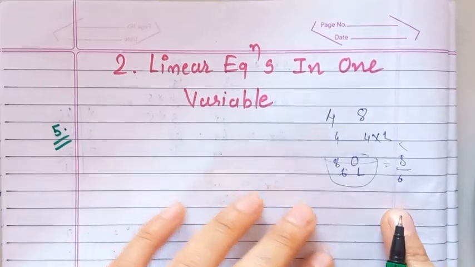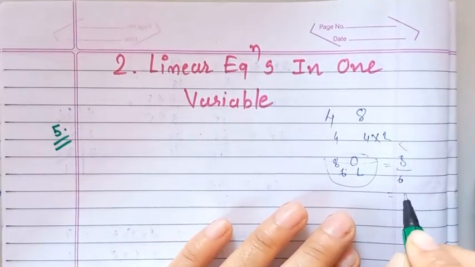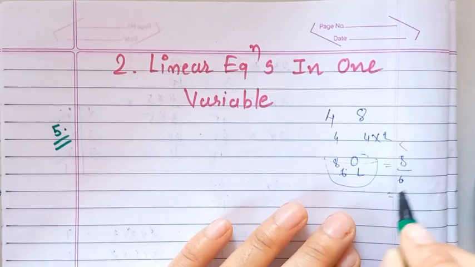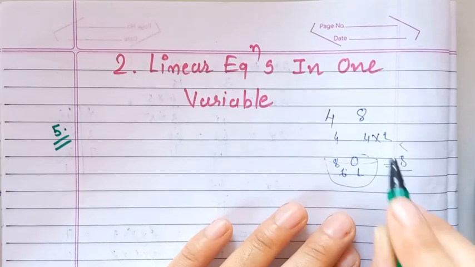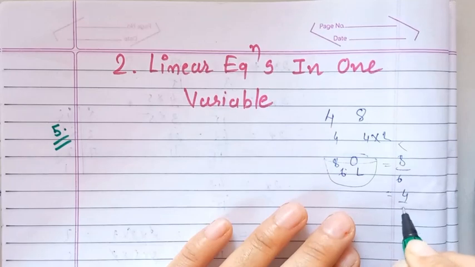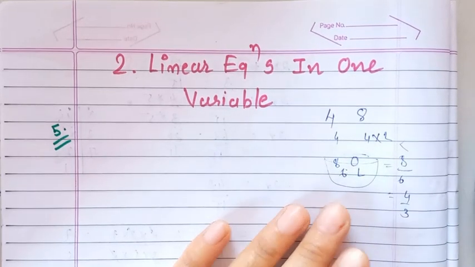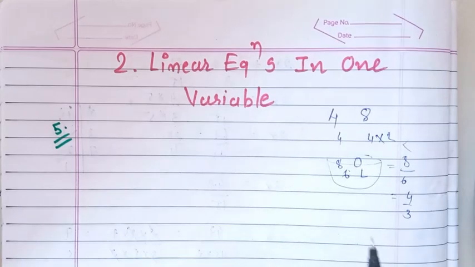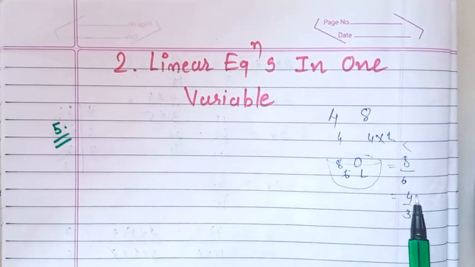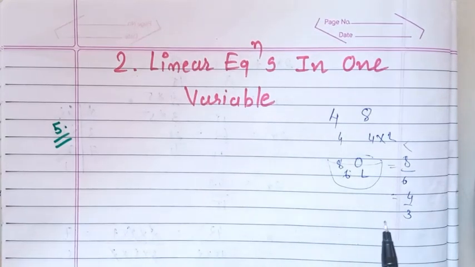If we factorize 8 and 6, we have 2 into 4 and 2 into 3. So the 2 cancels out, and we get 4 and 3. So now the ratio of oranges and lemons in the bucket is 4 to 3. So this is the ratio.